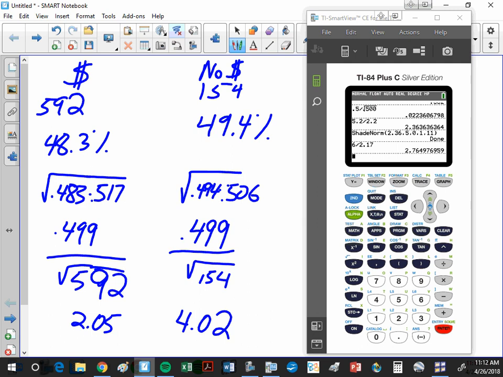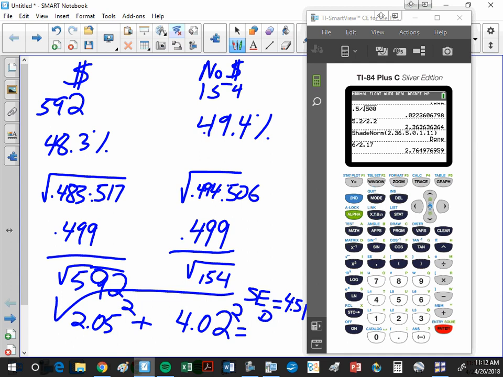Okay? So now I take the sum of the squares and square root it, and I get an SE difference of 4.51. Now what? Z-score.